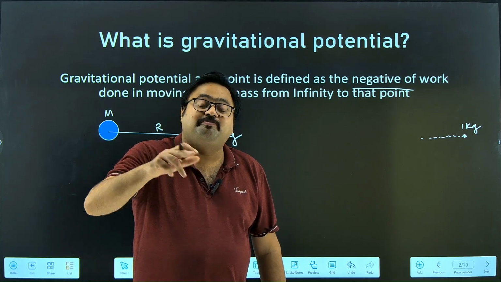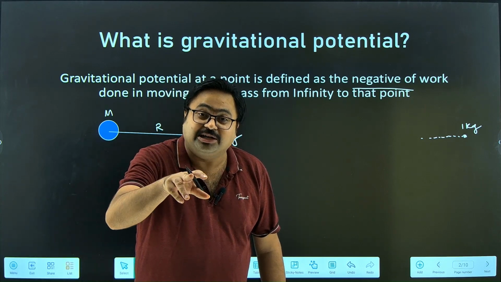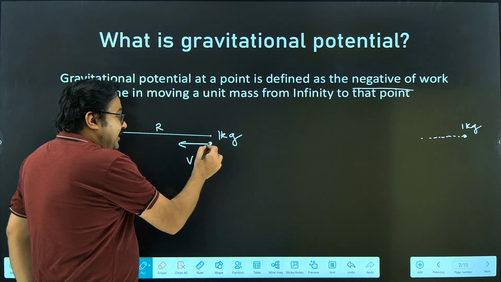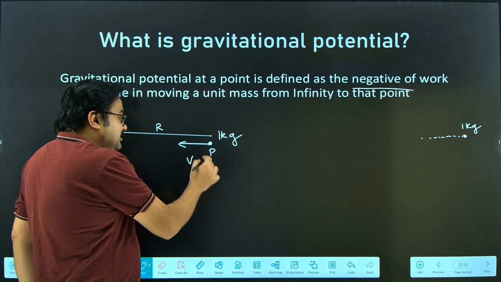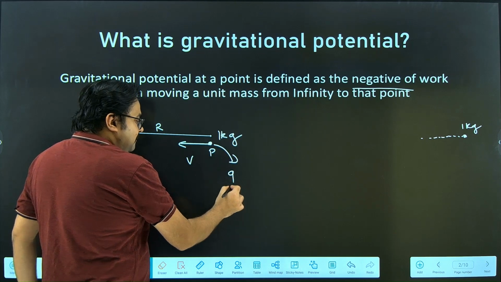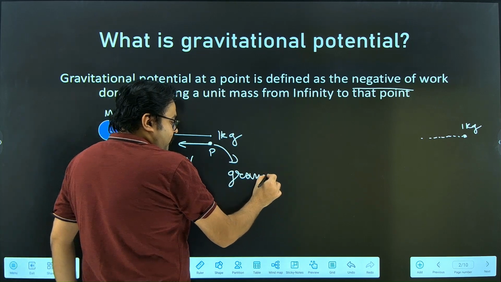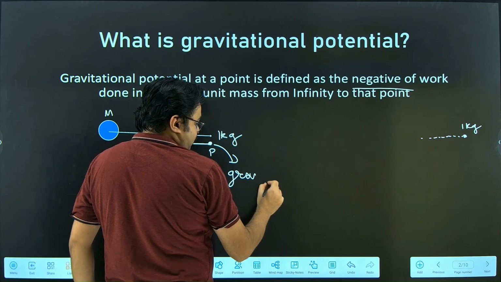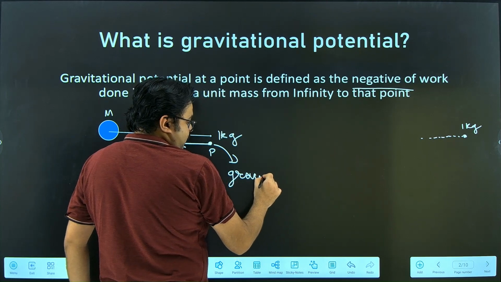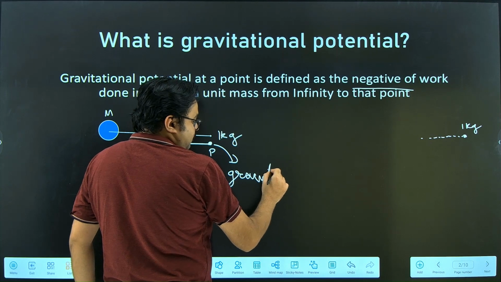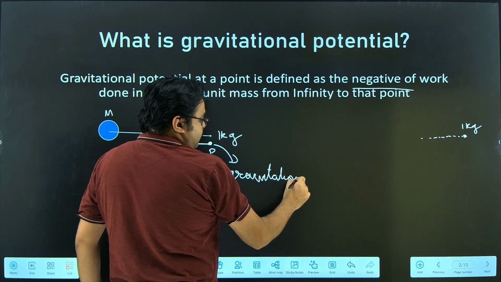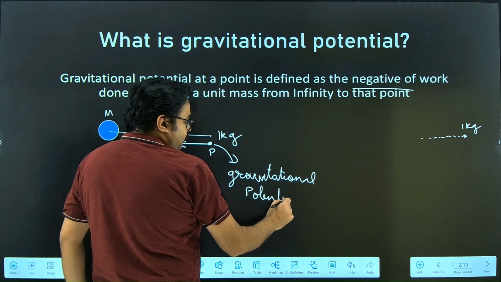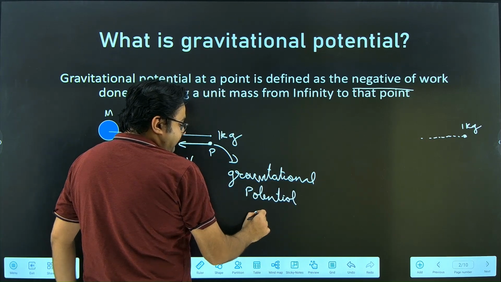The amount of potential energy lost by the 1 kg mass when it reaches this point is the gravitational potential at that point.